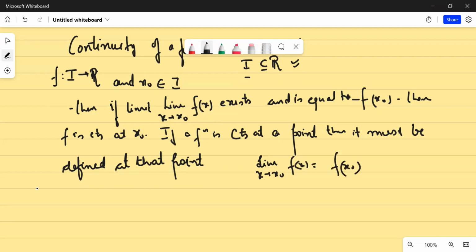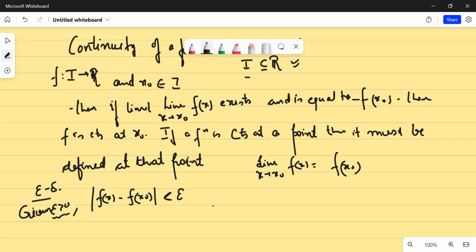So if I want to formulate an epsilon delta definition, what will it be? The distance between the function and its limit can be made as small as possible. You give me an epsilon, a very small positive number. It means that the distance between f of x and f of x naught can be made less than epsilon whenever the distance between x and x naught can be made small.